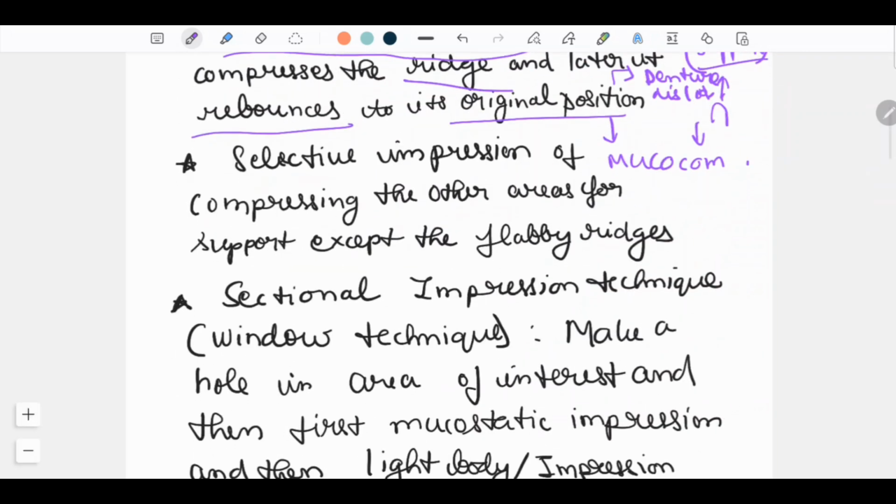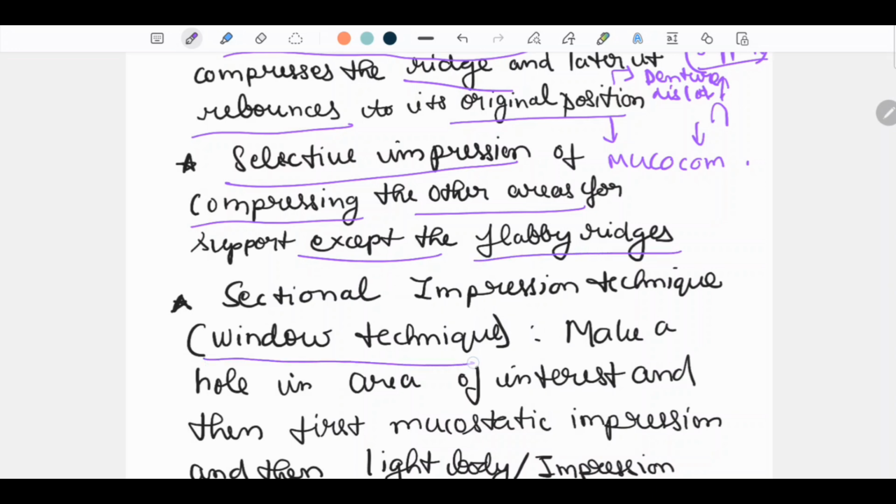Whereas selective impression is the proper method of recording flabby ridges. Here we have to compress the other areas for a good primary support, and the flabby ridges are exempted from pressurizing. So here we have the window technique or sectional impression technique.